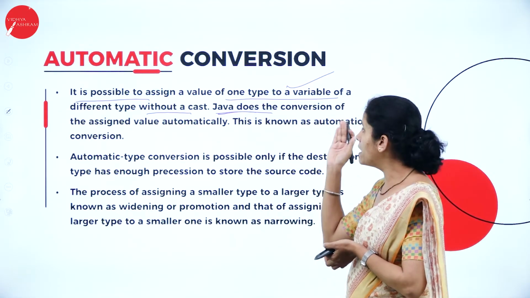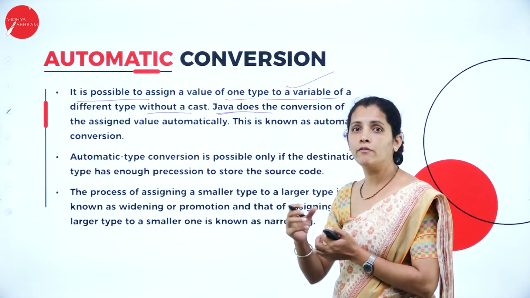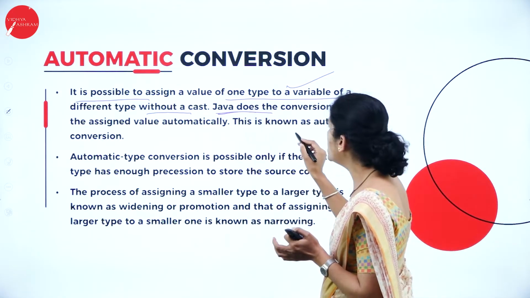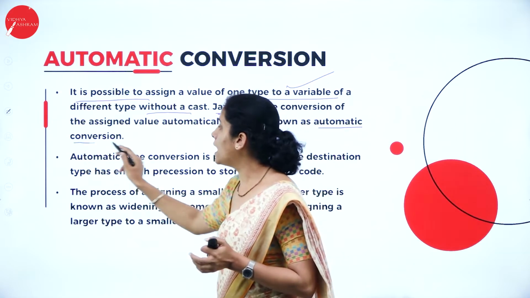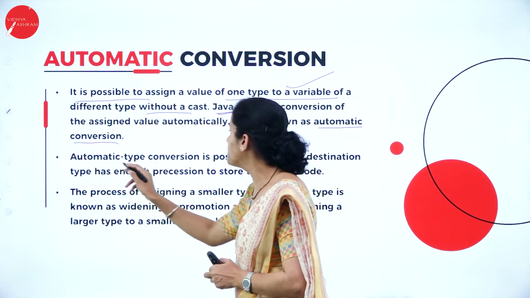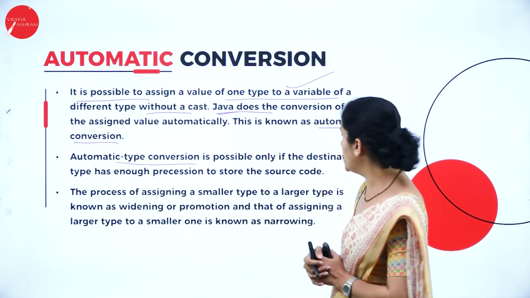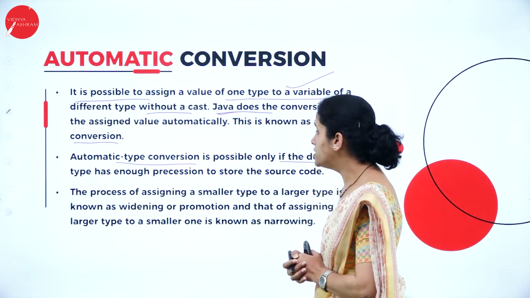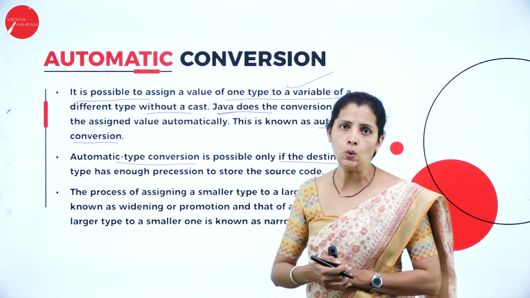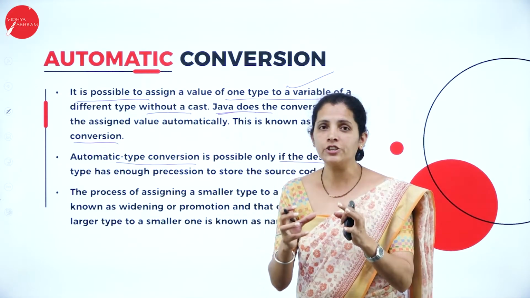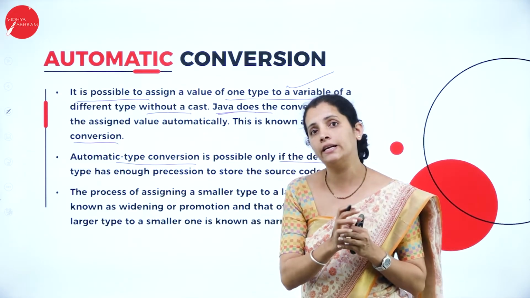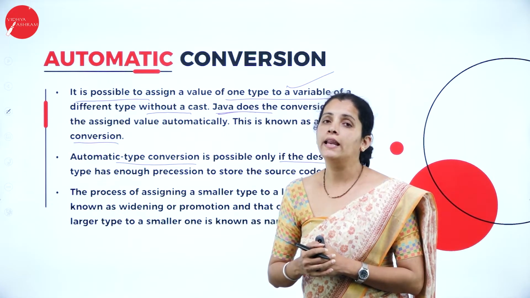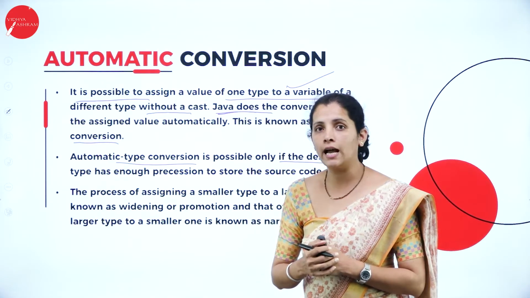That means the Java compiler is responsible for converting one data type to another automatically, and this is known as automatic conversion. Automatic type conversion is possible only if the destination type has enough precision to store the source value. That means the destination data type must be greater than the source data type. Then only we can perform automatic type conversion.